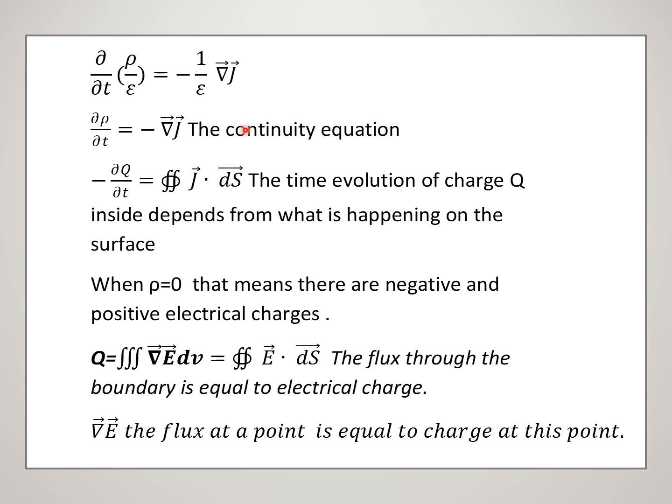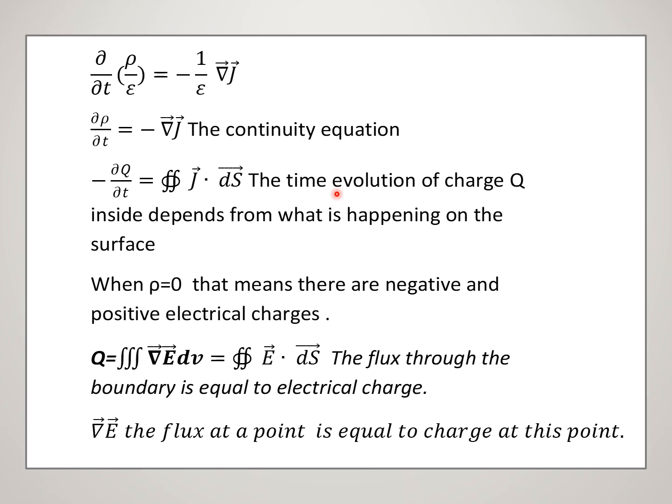Now, if we integrate the continuity equation, we have on the left-hand side the total electrical charge Q, dQ over dt, equals the volume integral of del dot J, which, with the help of Gauss theorem, is a surface integral across the closed surface S, the dot product of J and dS.